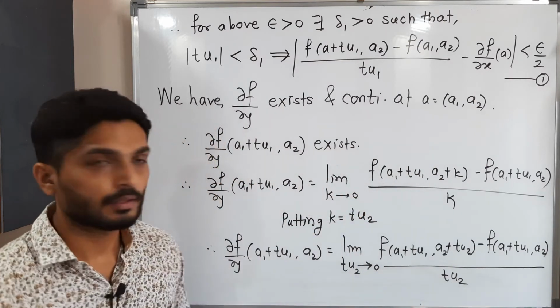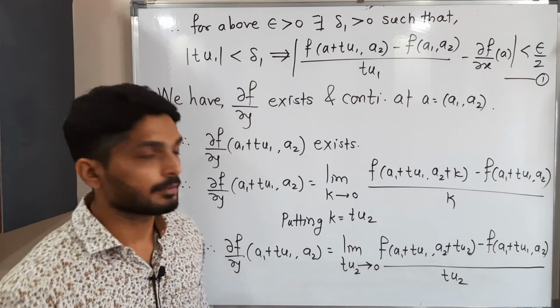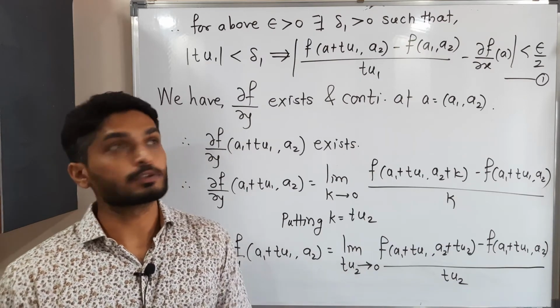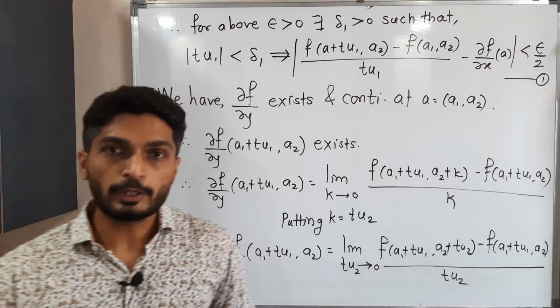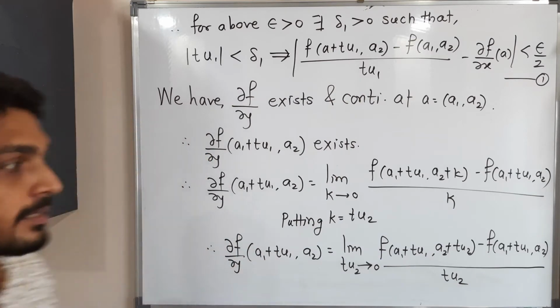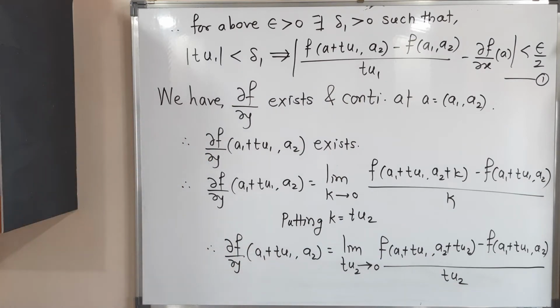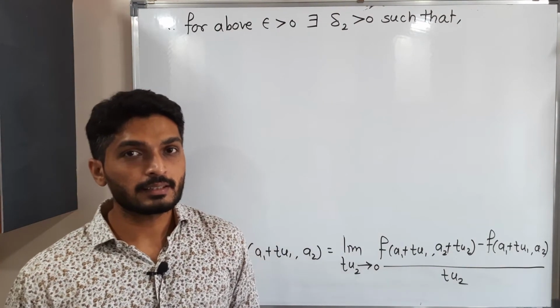t2. See, the same thing we can write in terms of epsilon and delta also, like this. I'm going to write it, but there is no more space, so make a screenshot of it, then we will go further. Let us write this in terms of epsilon and delta.